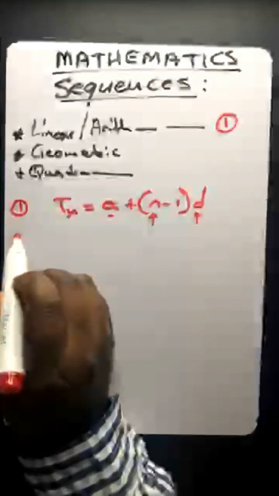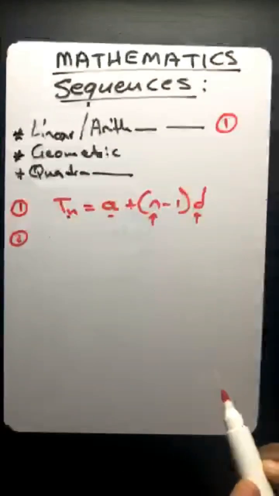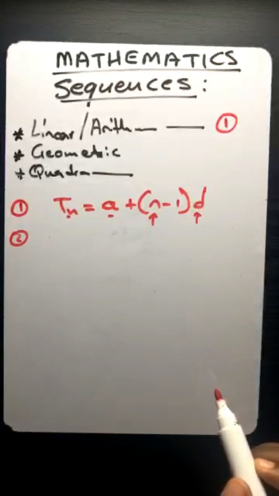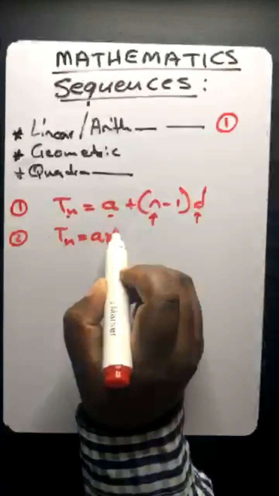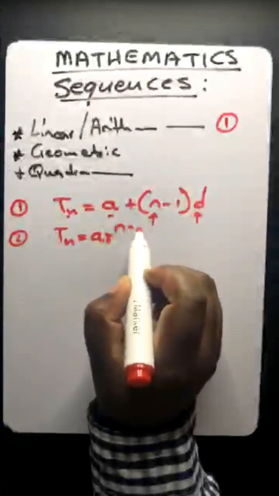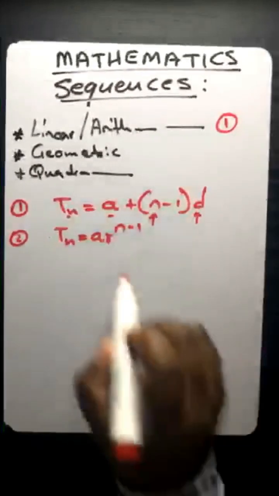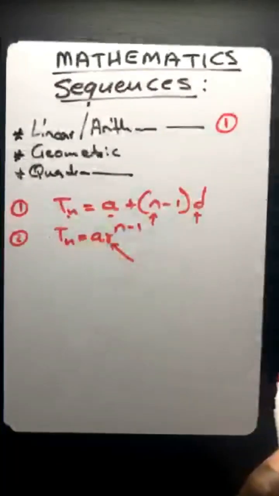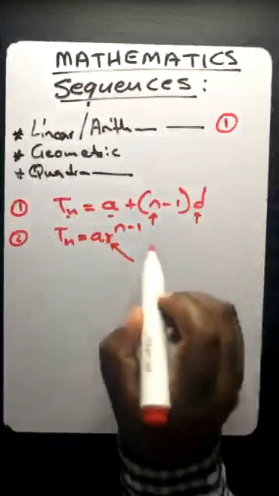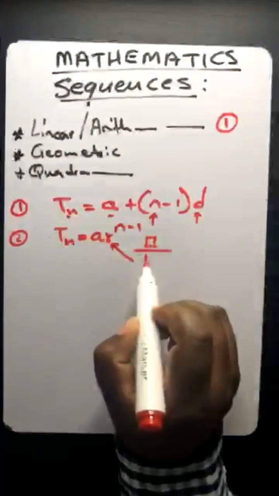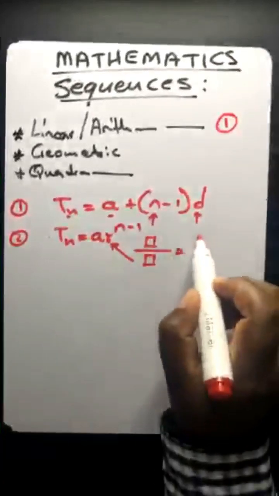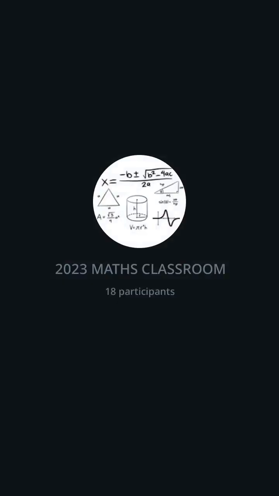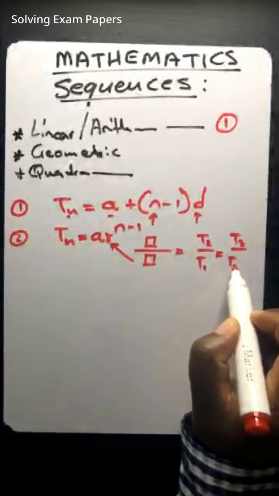Number 2, we also discussed geometric sequence, where the formula looks like this: Tn equals a times r to the exponent n minus 1, whereby r refers to the ratio. If you remember, I said the ratio simply means something over something. In this case, it is term 2 divided by term 1, or otherwise term 3 over term 2.